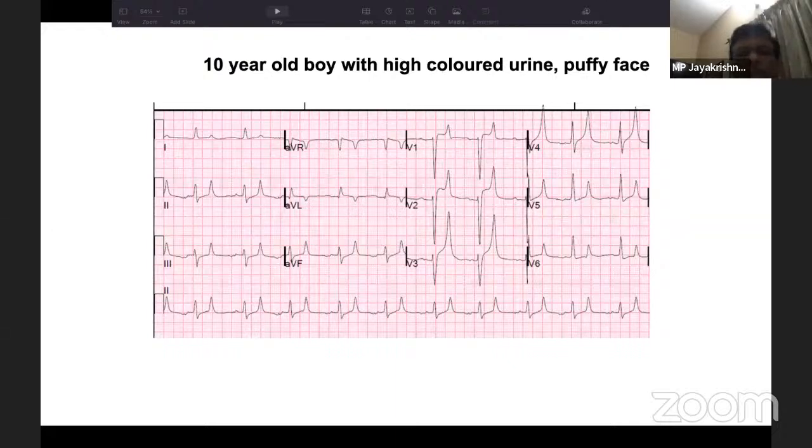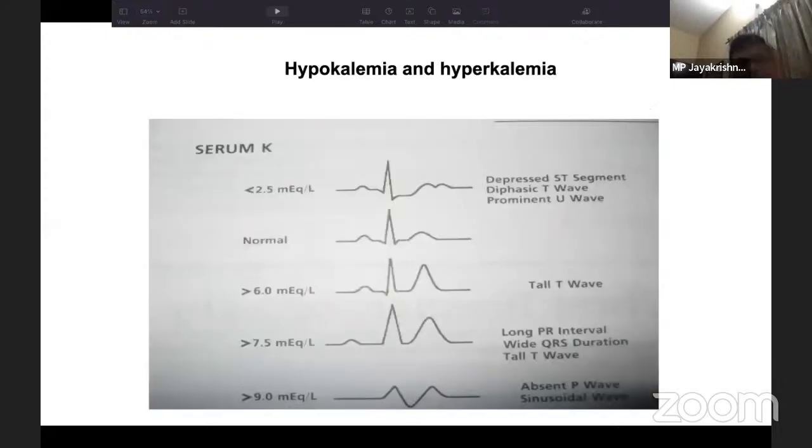This one is fairly simple. Child is presented with high colored urine and facial puffiness. What is striking is the tall T waves there. So hyperkalemia, hypokalemia, all other electrolyte imbalances also, we discussed hypocalcemia, are common problems in the ICU setting, and the ECG changes for potassium are highly non-specific, because sometimes with very high potassium you may get a normal ECG, and with very low potassium again a normal ECG may be there.